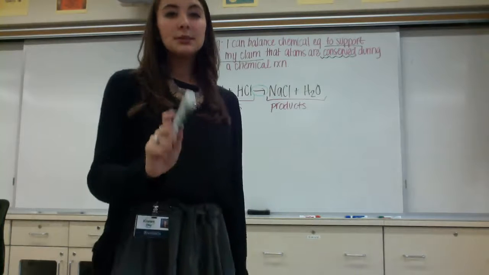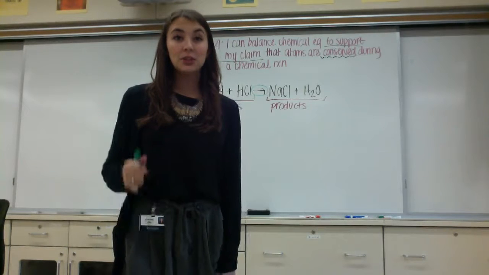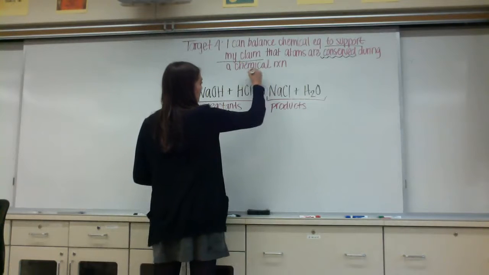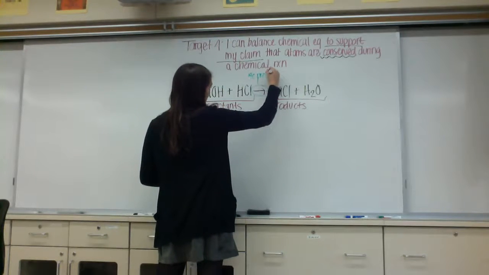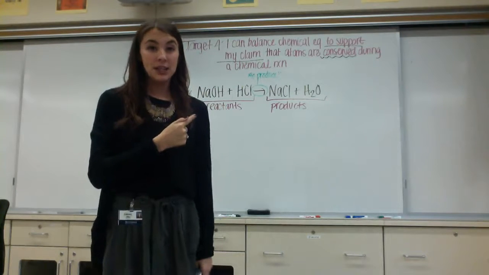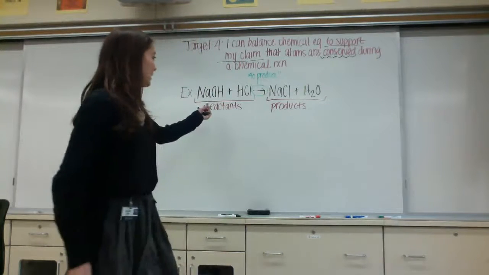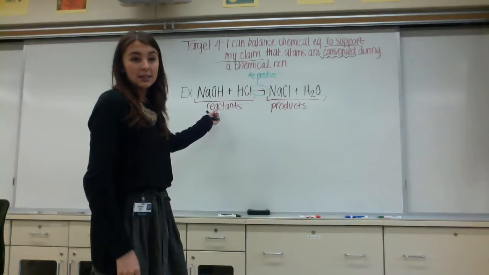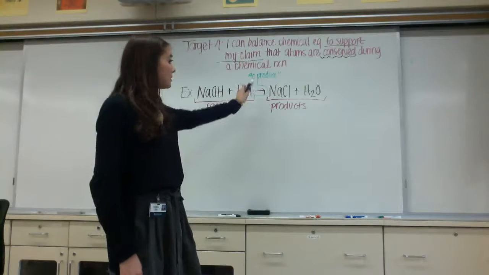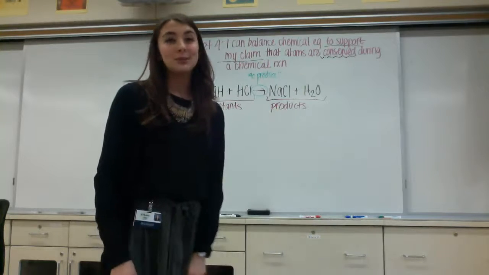So how do you state an arrow? An arrow is not just there to show you the direction of the reaction. It actually means something. An arrow means to produce. Okay? So if I were to put this reaction into a sentence, I would say that sodium hydroxide can react with hydrochloric acid, that's what HCl is, to produce sodium chloride and H2O, which we all know is water, okay?